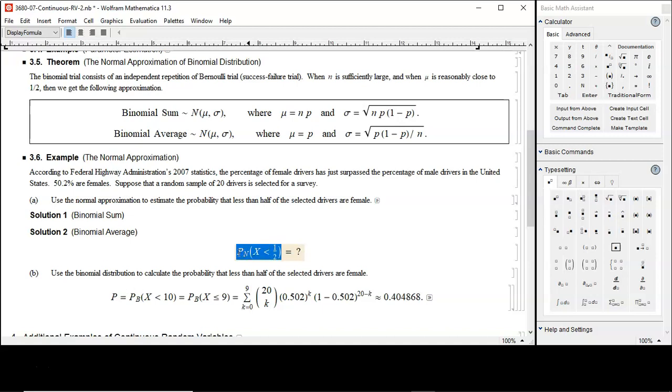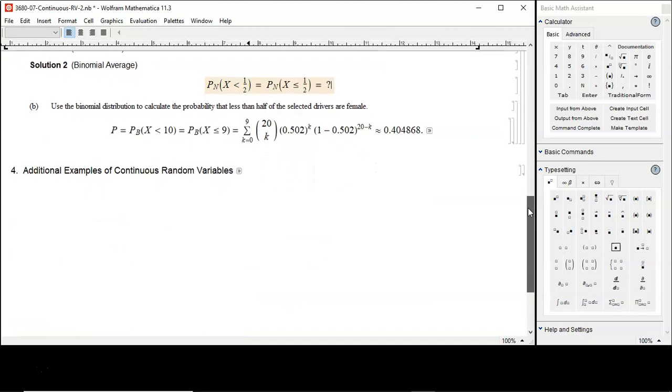Either way, in this case, less than or equal to makes no difference because this is a continuous random variable. So this causes a bit of a difficulty. So how does this thing work? Well, here we go.